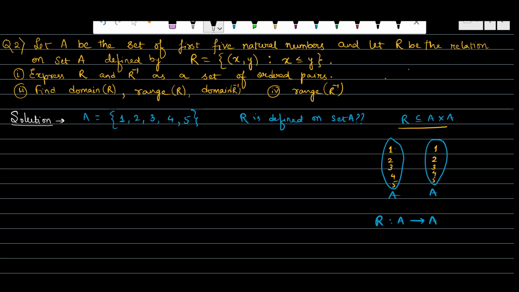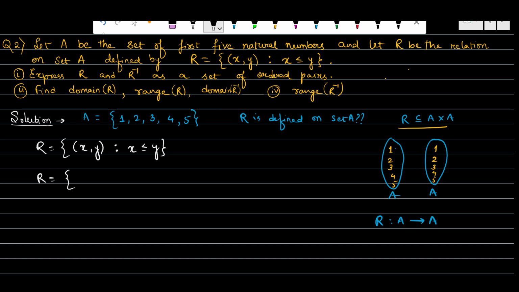Now we are asked to express R and R inverse as the set of ordered pairs, right? So R is defined as (x, y) such that x is less than or equal to y.